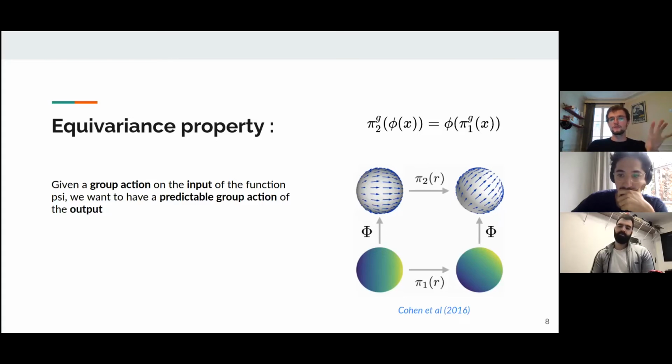For instance, if you have a segmentation algorithm, it would be equivariant if rotating the input image would also rotate the segmentation. That would be an example of an equivariant function.